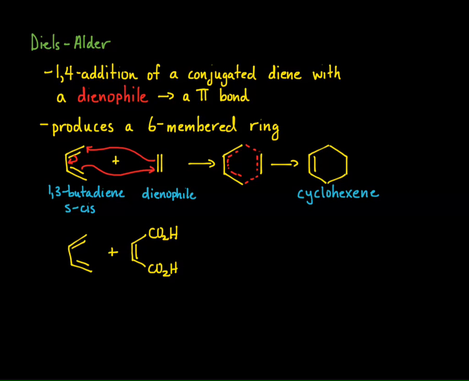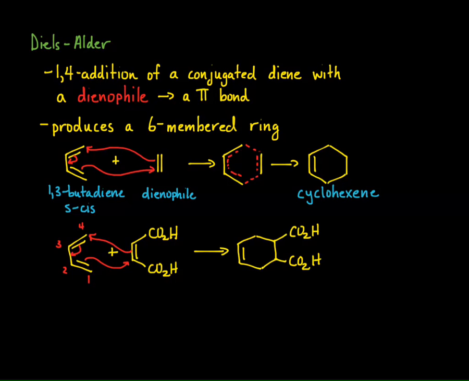So here I have an example of 1,3-butadiene reacting with this dienophile, and again, if I think about numbering it 1 through 4, I see attack from the diene to the dienophile, and then those pi electrons are going to attack the 4 position, and then the pi electrons between C3 and C4 move to in between C2 and C3.